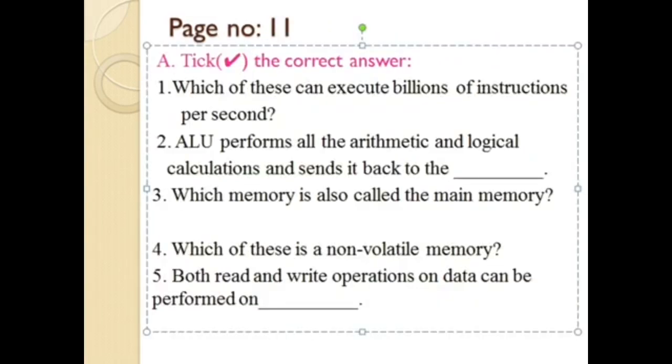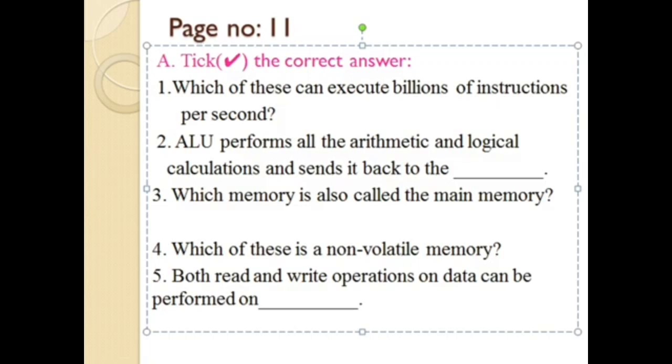Now take the page number 11. Students, take the page number 11. See the A Roman, the first one. Choose the correct answer. Okay, that is tick the correct answer. Your first question, which of this can execute billions of instructions per second?